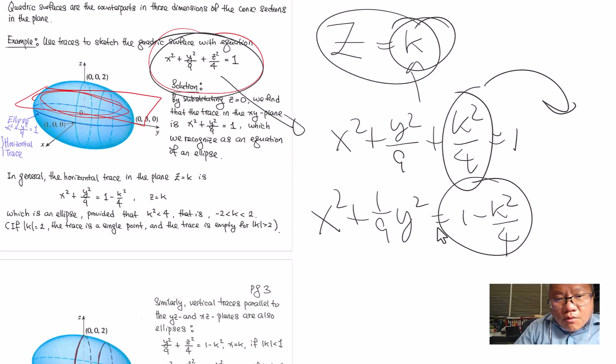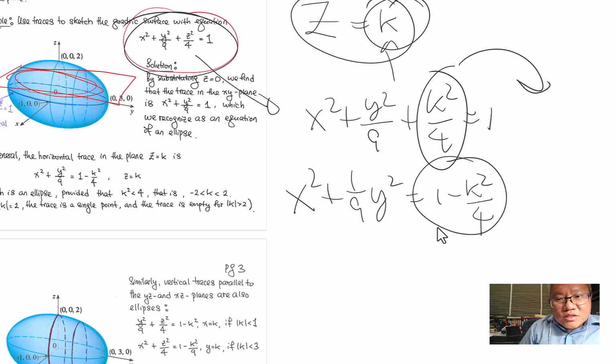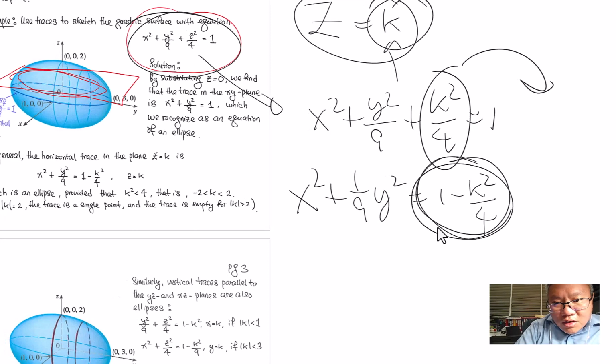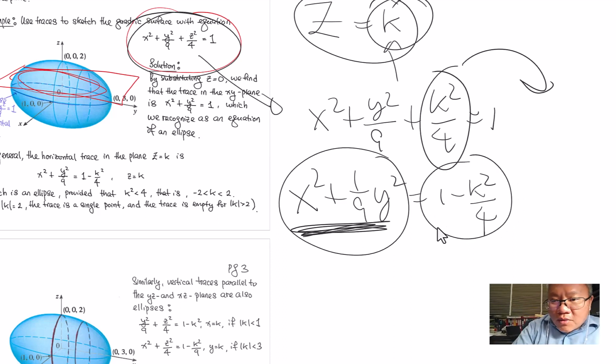And immediately from here, you should see that this number here better be non-negative. It can be 0, but it cannot be negative, because this part here is non-negative. So from here, you can already see that in order for this to be non-negative, your k cannot be too big.